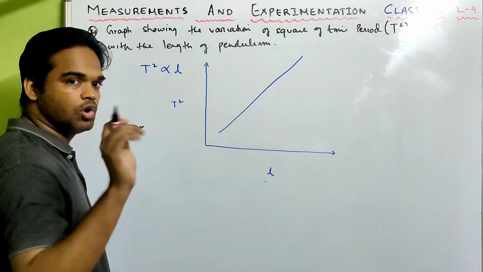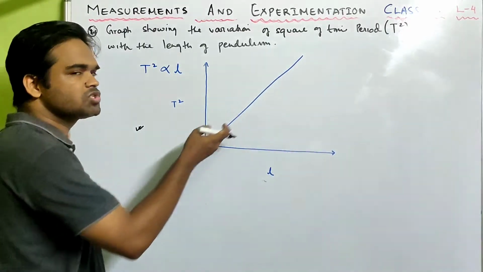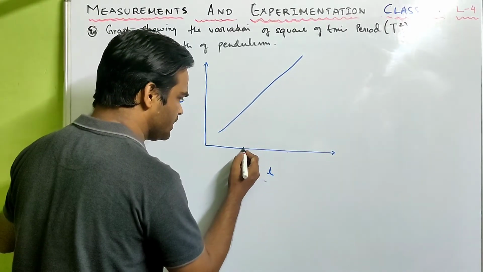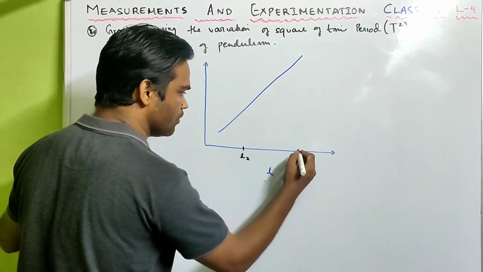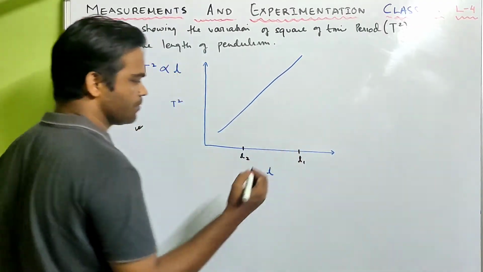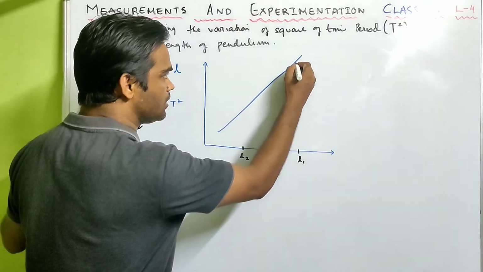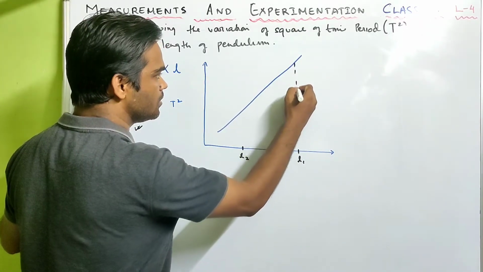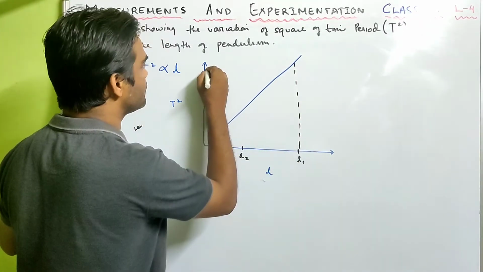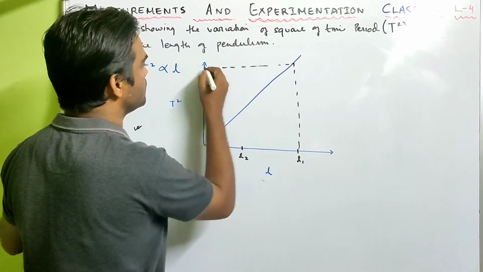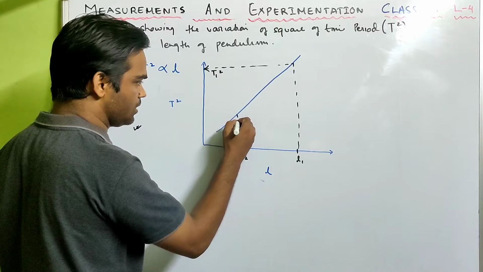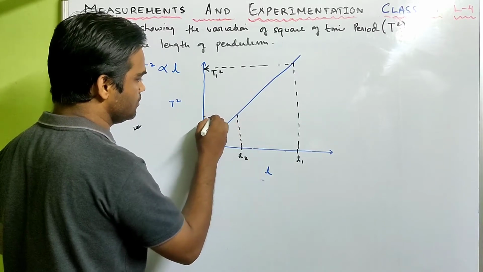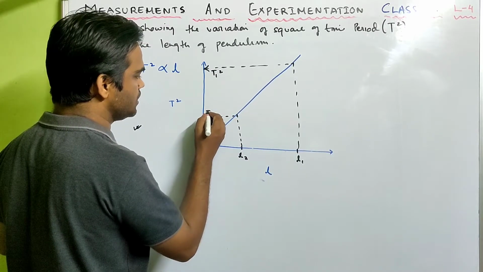Now look at the slope. What is the slope of a line? Suppose we take 2 points on this straight line: L1 over here and L2 over here. Corresponding to L1, over here you have T1 square, and corresponding to L2, the value over here is T2 square.